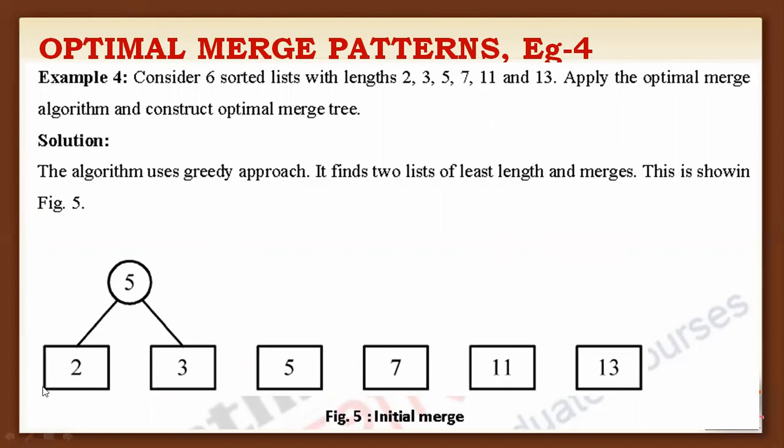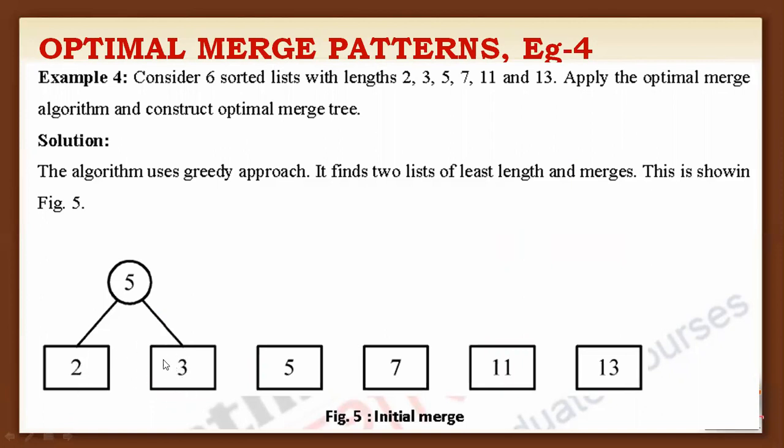Here the files are arranged in ascending order. Now, the first step is to identify the two files having the smallest size. The smallest file size pair is 2 and 3.